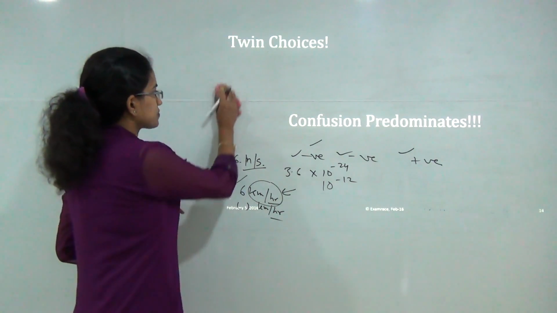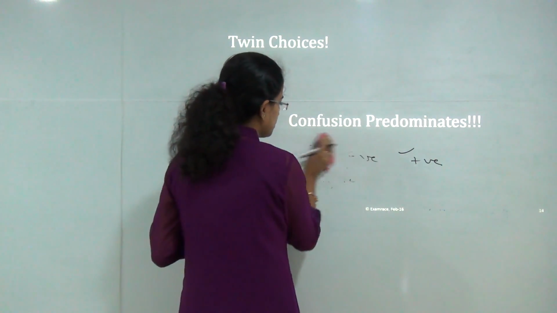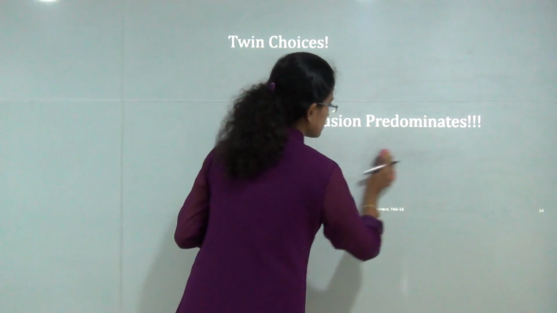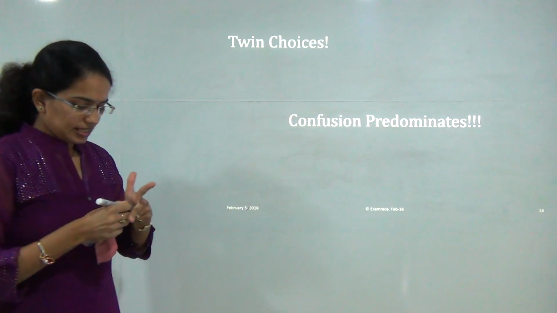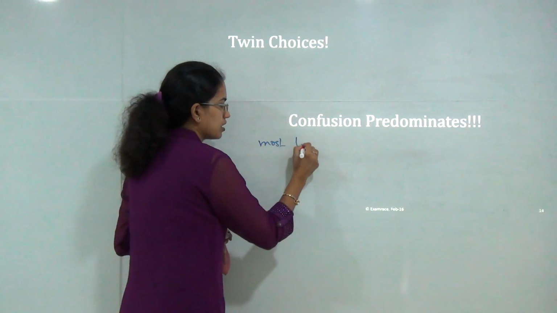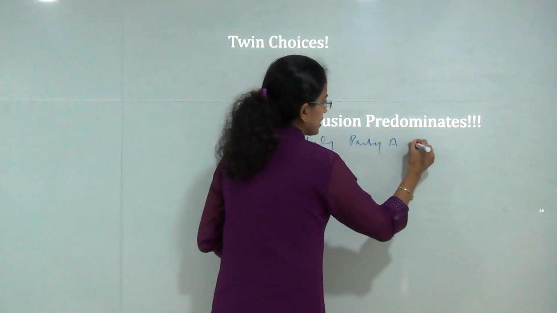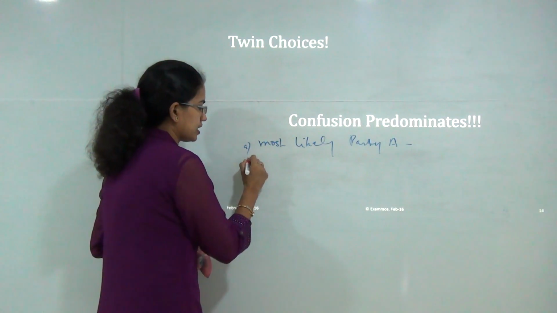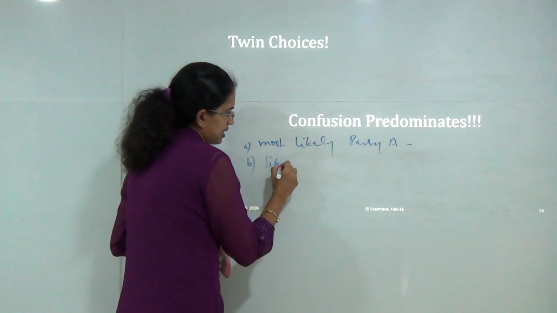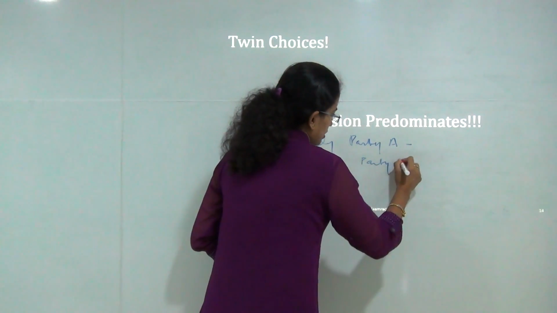Next, there can be twin choices, and it is here that confusion predominates. For example, there is a question and one choice says most likely party A will win the elections, and the second choice says it is likely that party A will win the elections.